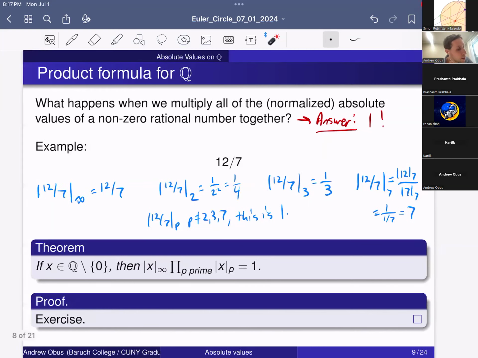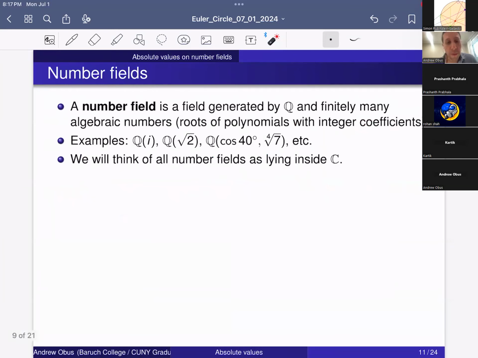Okay, so let's move on to what we call number fields. So what's a number field? A number field is a field generated over Q. You start with the rational numbers, and then you throw in finitely many algebraic numbers. These are roots of polynomials with integer coefficients. This is what an algebraic number is. And what is a field? If you've seen some algebra, then you know what a field is.